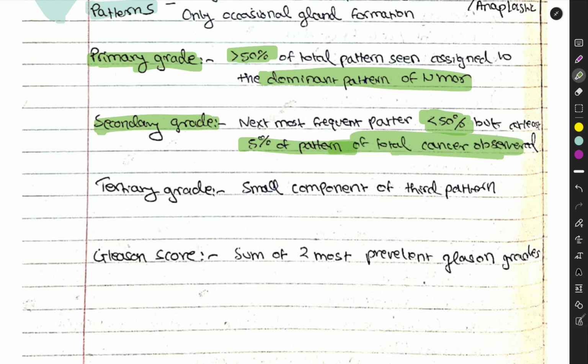Secondary grades are if you have at least 5% of the pattern present in the tumor. It has to be less than 50%, but at least 5%.